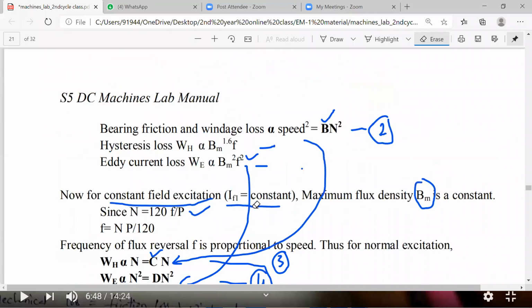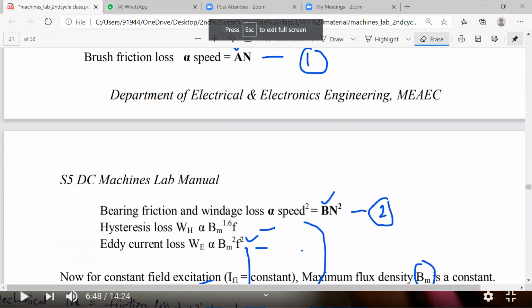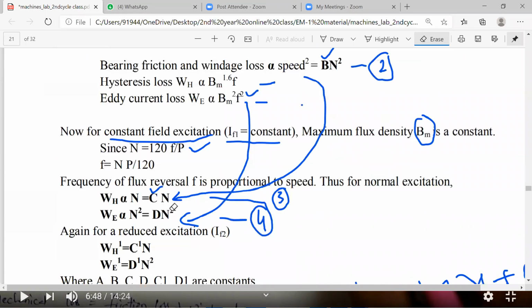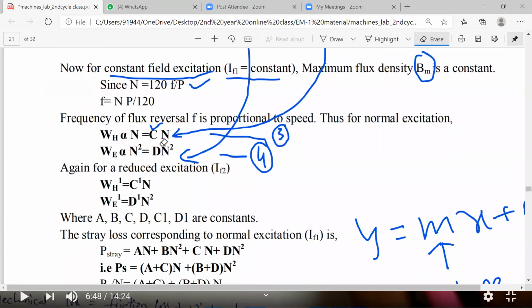These four losses are separated in this test. Equation 1, A into N. Equation 2, B into N square. Equation 3, C into N. Equation 4, D into N square. A, B, C, D are constants.